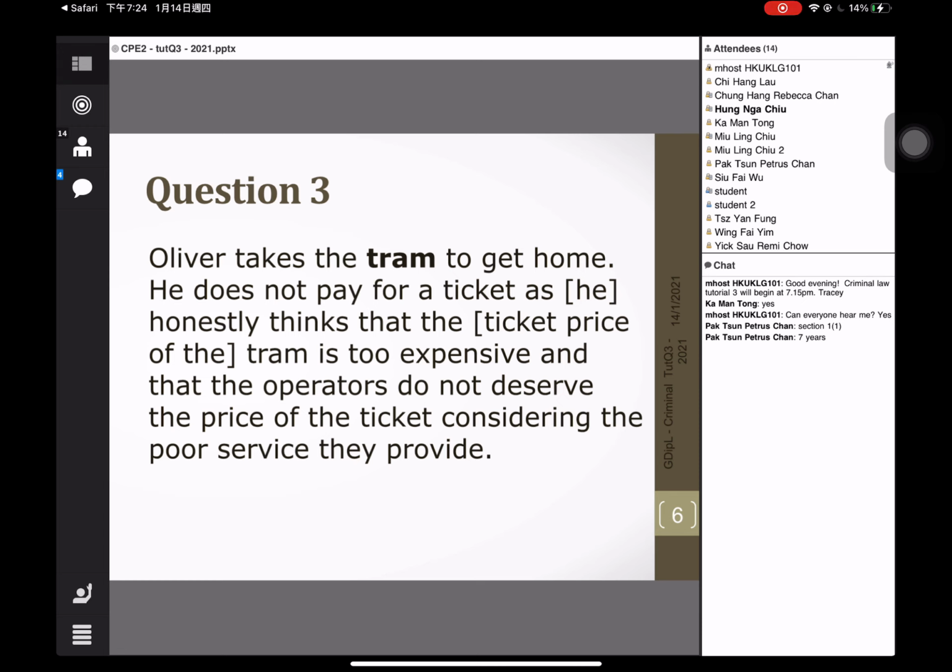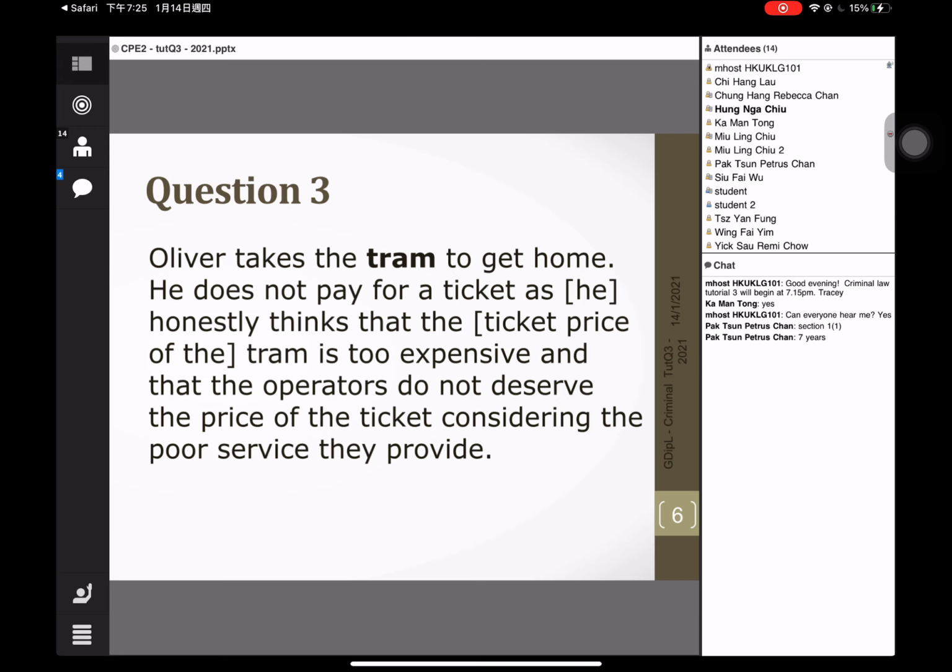So here we need to think about obtaining services dishonestly, which is an offence under the Fraud Act 2006, and maybe making off without payment, depending on the payment system for the tram ride. So obtaining the service, the tram ride, not goods but a service, dishonestly.